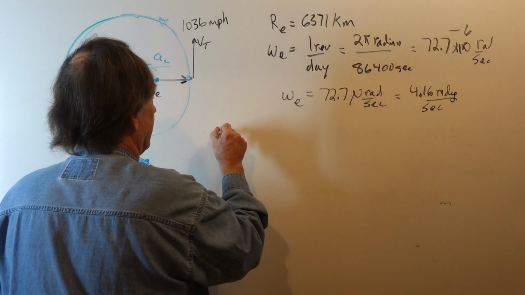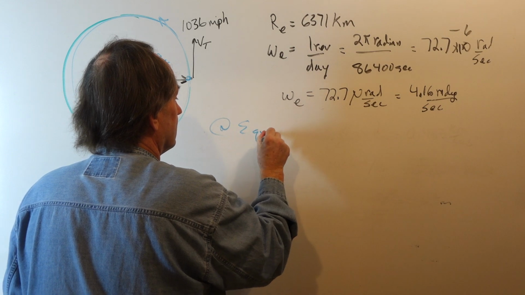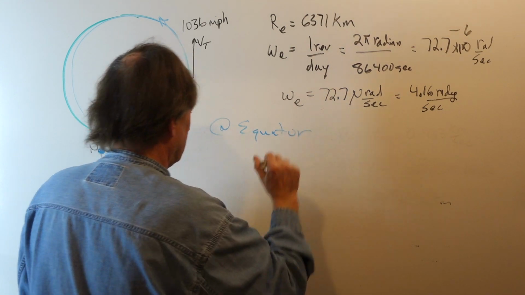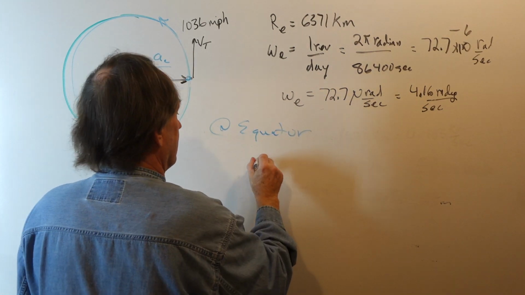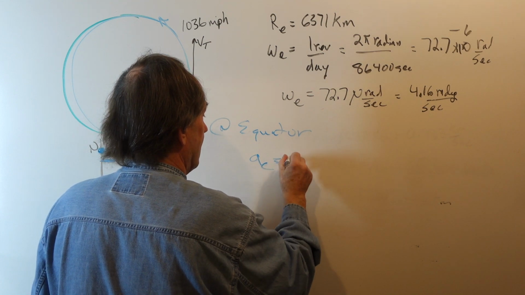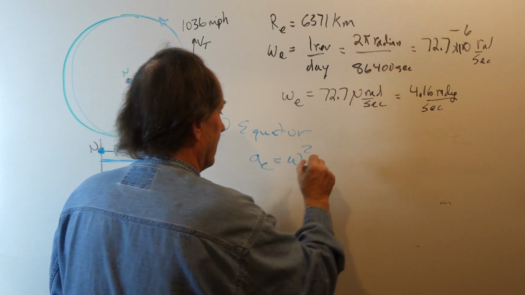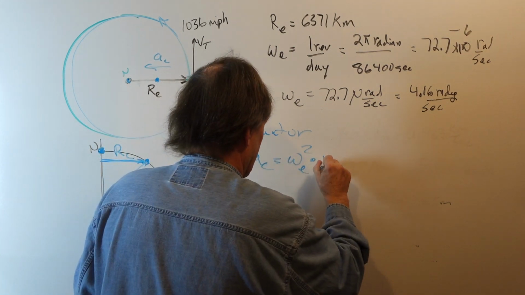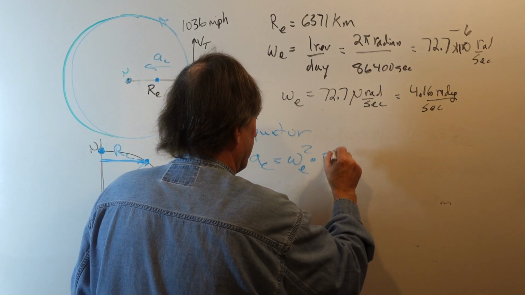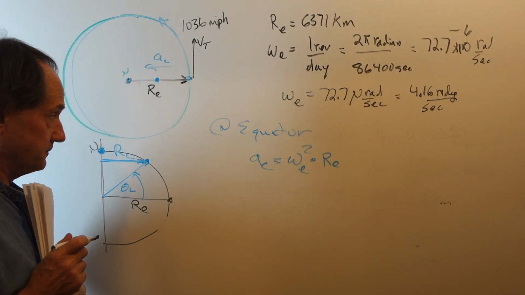So at the equator, the centripetal acceleration will be omega squared of the Earth times the radius of the Earth at the equator.